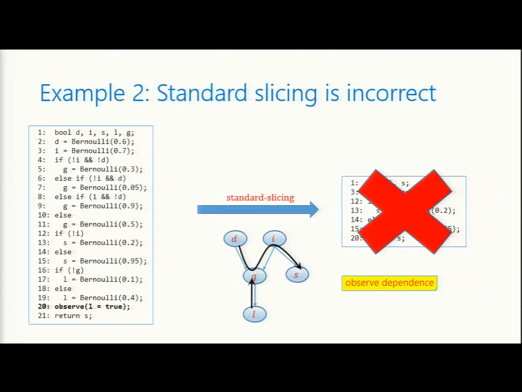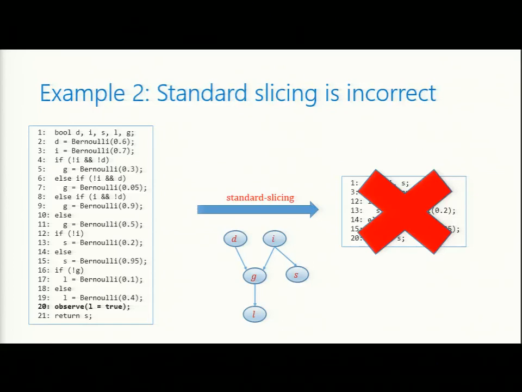So maybe I'll say it right away. The reason this happens is the following, and the culprit here is indeed this observe statement. Standard slicing techniques don't even understand what an observe statement is. The fact that you observe the statement means that there are dependencies which flow in this direction and this direction.